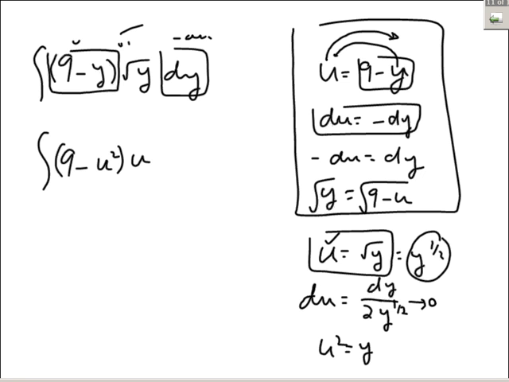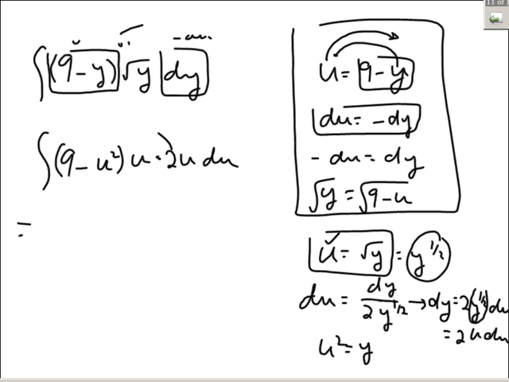So this tells me that dy is 2y to the half du. And remember, square root of y is u, so dy is 2u du.